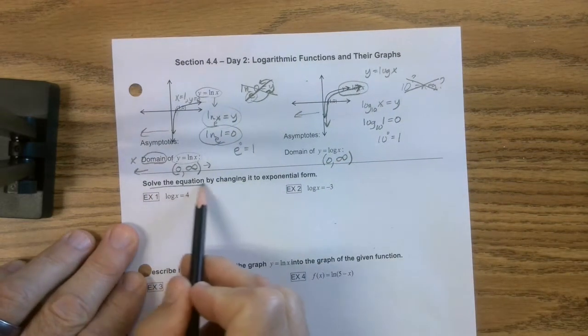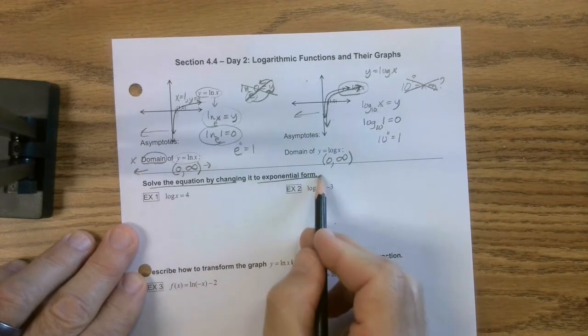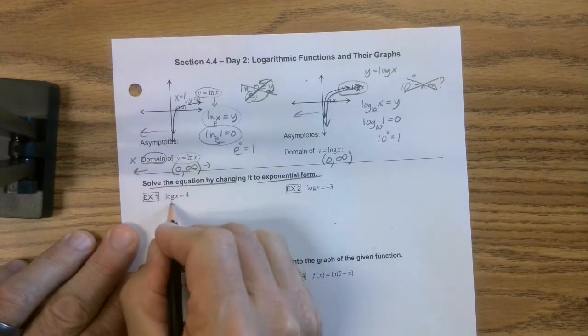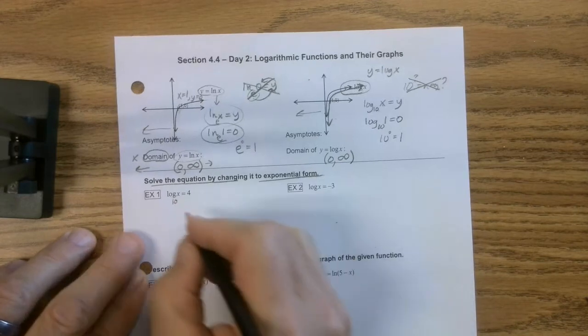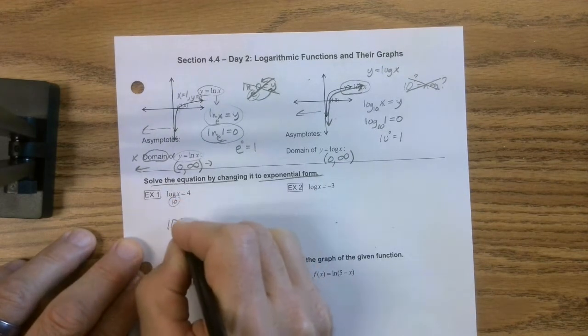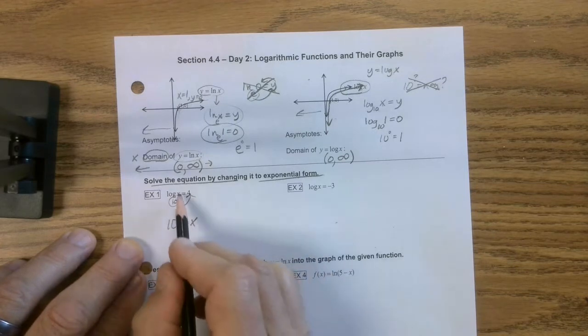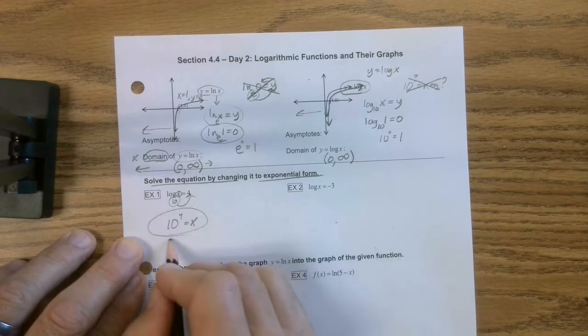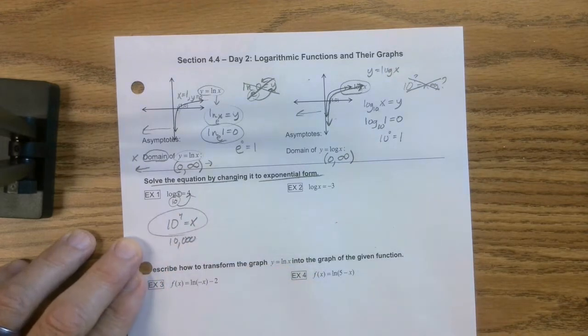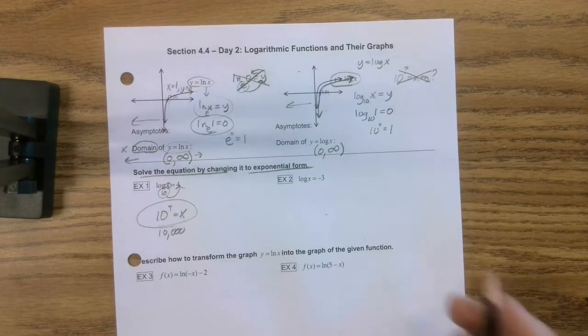Now this says solve the equation by changing it to exponential form. This is just review. So there's an invisible 10 down there. I start with the base, then I go to the exponent, and then I go to whatever's in the answer position, and we're done. Now, yeah, maybe you want to make it 10,000, but whatever. It's the same thing.